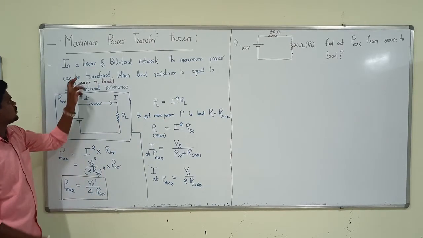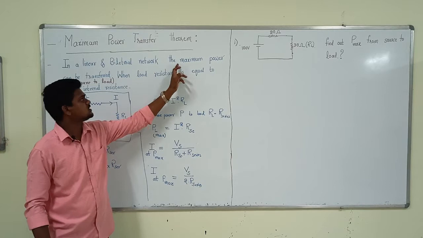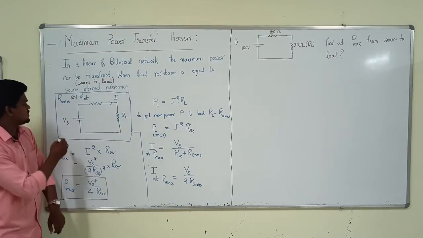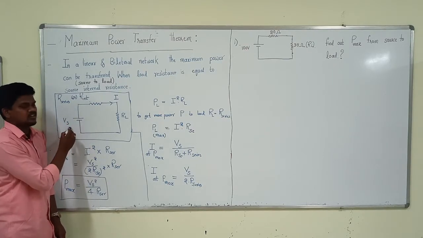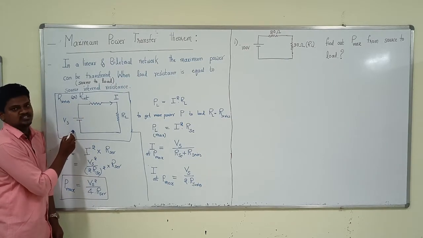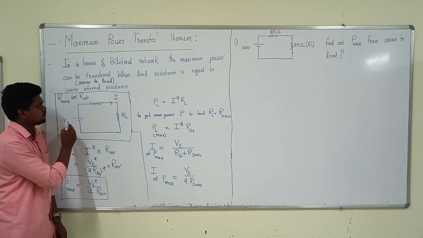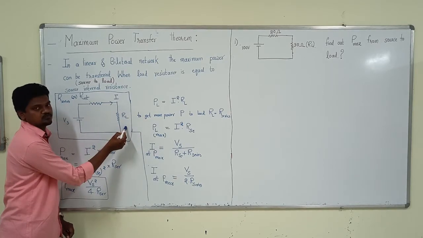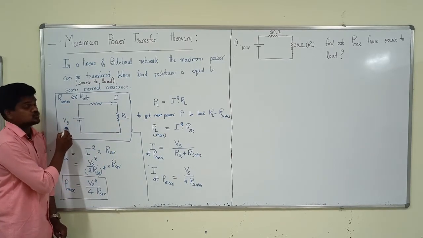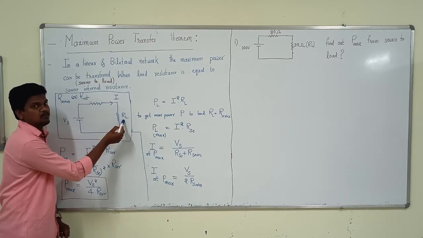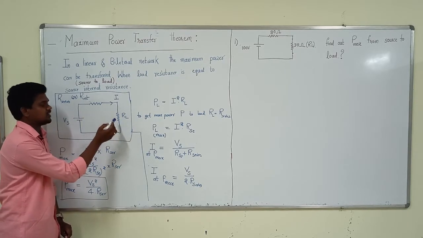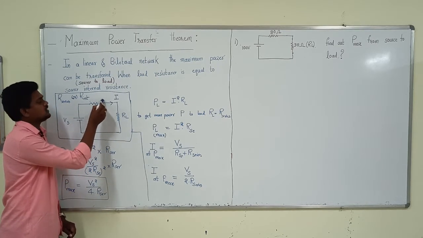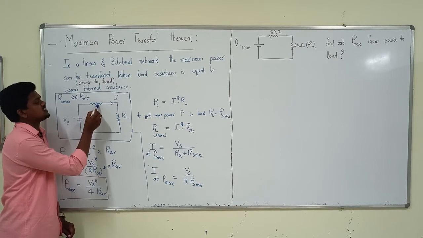So, simply look at here, in a linear bilateral network, you know this, the maximum power can be transferred. That means, we have a source here, voltage source or current source. I take an example of a voltage source. The load will absorb the power from this source. But the power from source to load can become maximum only when, since every source has some internal resistance, this being a voltage source, it has a series internal resistance.